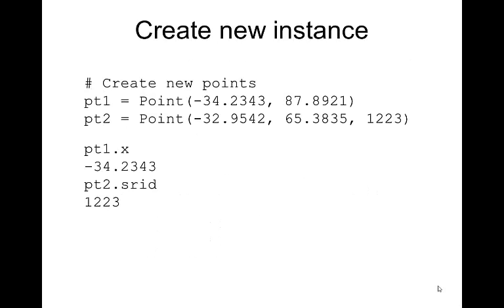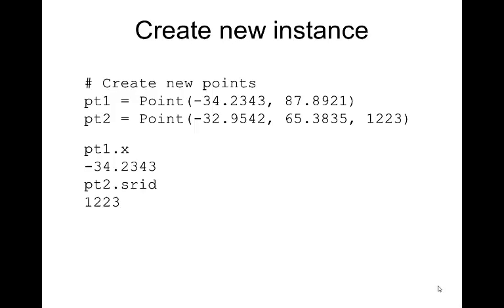So here's some code using that point definition. I want to create a new point called point1. I just write Point and put in the input coordinates, the arguments that I want to pass into my point creation. So I've created one point called point1 and one called point2. The first one doesn't have an srid defined. The second one does have an srid defined. And there we are.